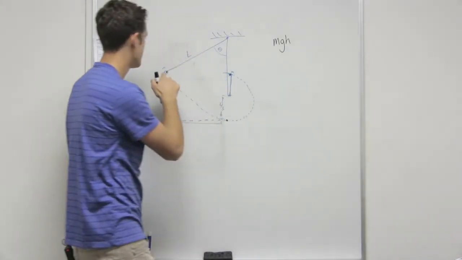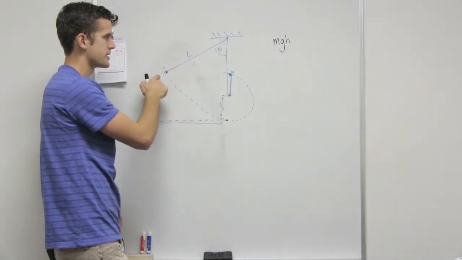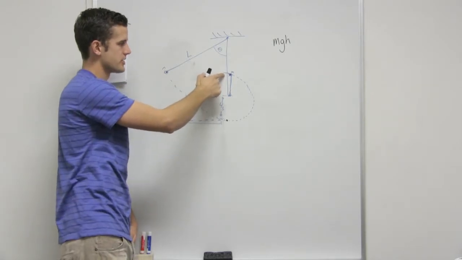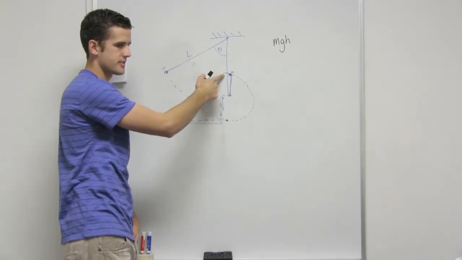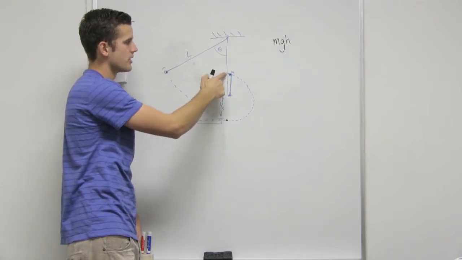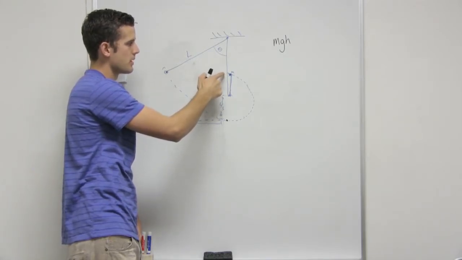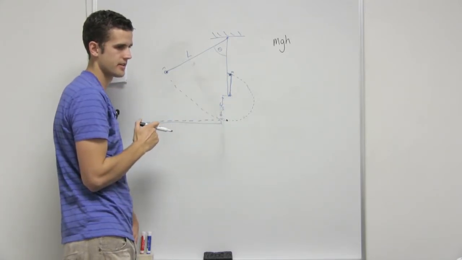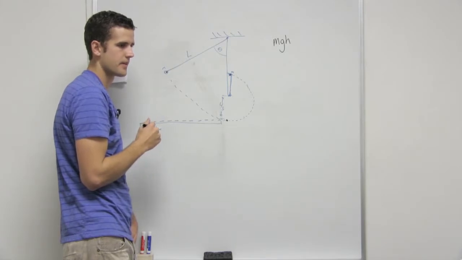You're right, this one has just potential energy. The other thing that might mislead you is if you said this only had potential energy, but you know it has kinetic energy. Why would this still need kinetic energy? Because it's still moving, it needs to keep going and circle around the peg.